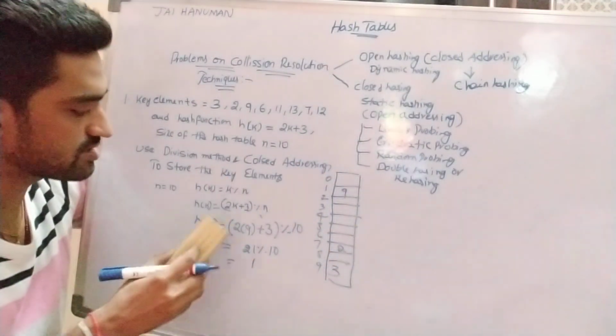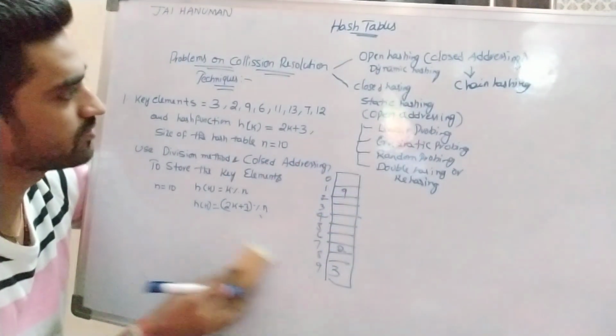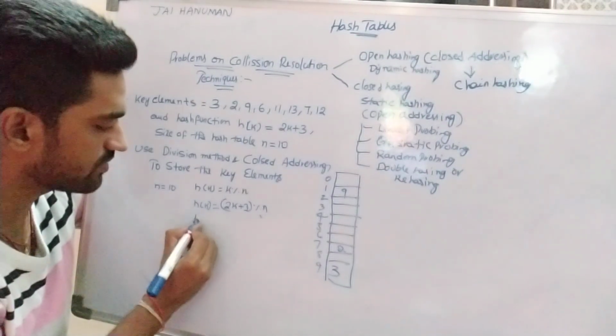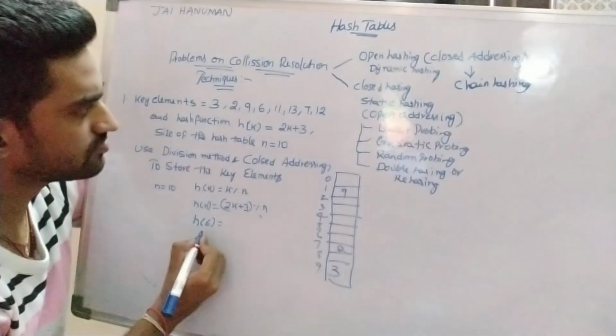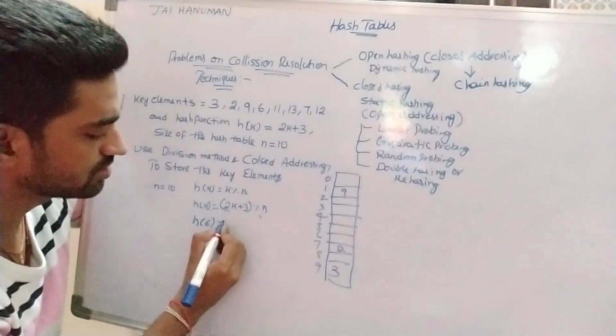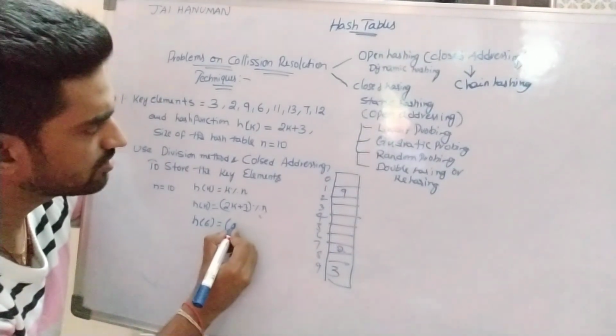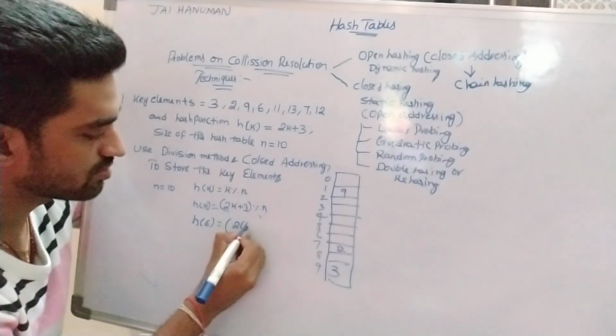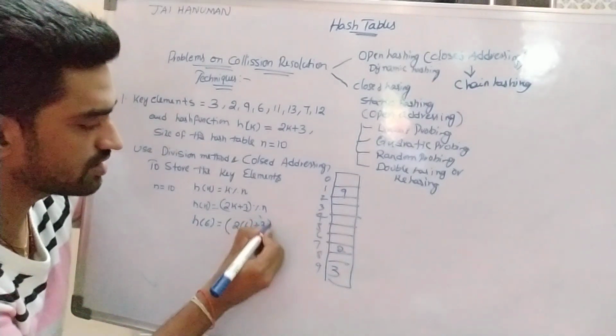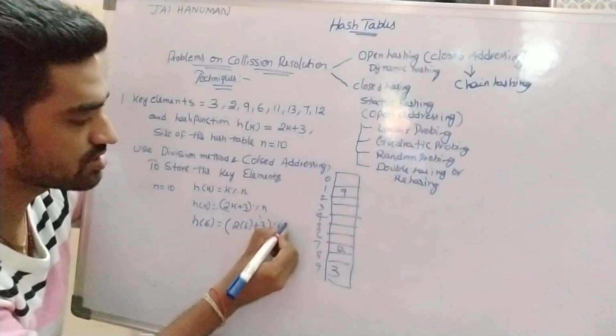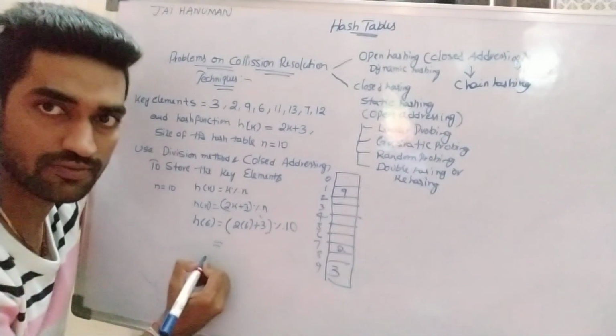So what is the next inserted key value? H of 6. So H of 6 is equal to 2 into 6, 12 plus 3 modulo division of 10.